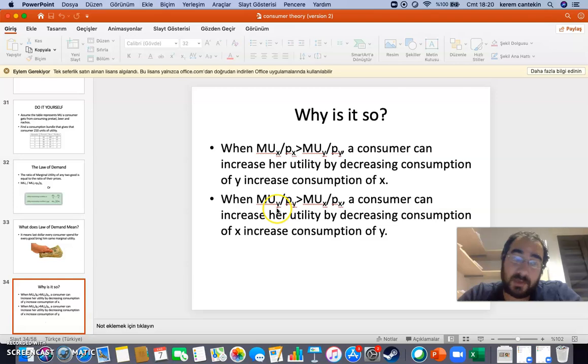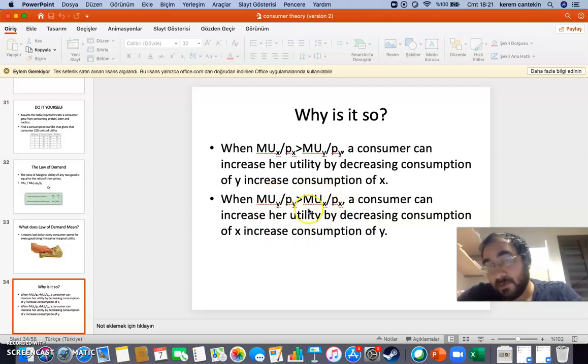Similarly, if the marginal utility of y divided by its price, from the last dollar I spent on y, is higher than the marginal utility of x I get from the last dollar I spent on x, in that case I might change my mind, not spend the last dollar on x, and instead buy more y.